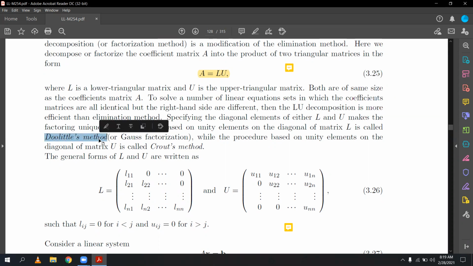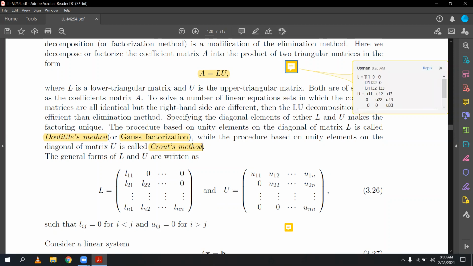By the Doolittle way, sometimes we also call the Doolittle way Gauss factorization. And the second one is the Crout method. So LU decomposition is possible in 2 different ways, by the Doolittle way or by Crout's method. In the exam, the teacher must mention by which way to do the LU decomposition. What is the Doolittle method?